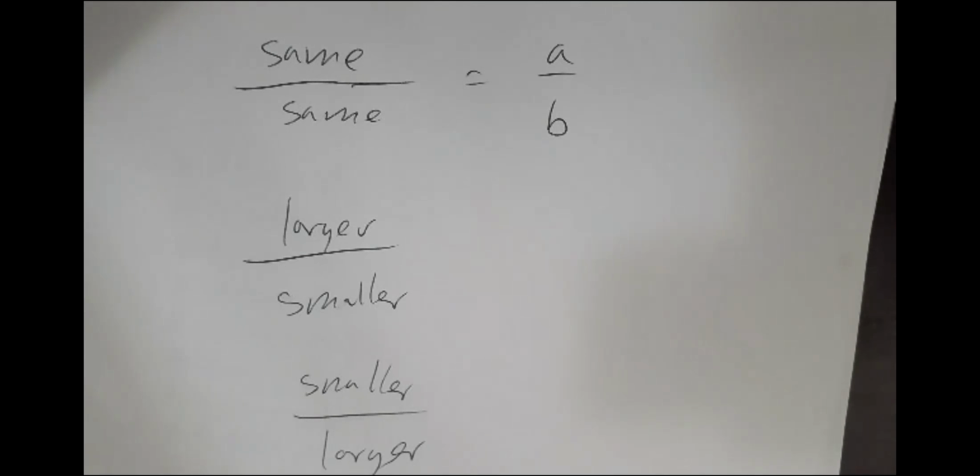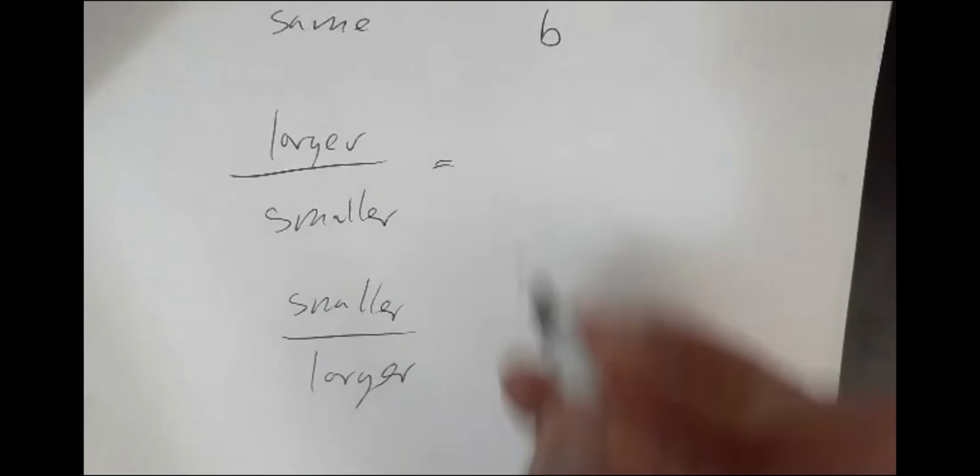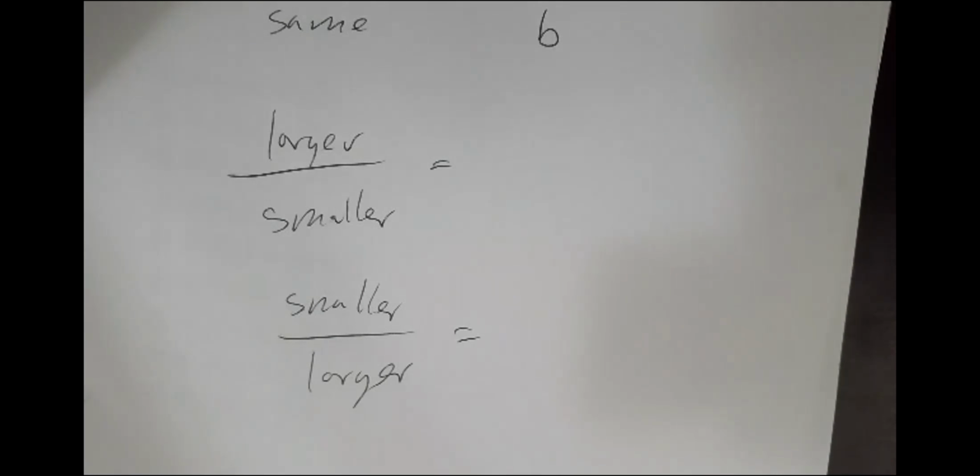If it's the same degree, the rule is A over B, the leading coefficients. That's what we're about to do in a second, so I'll talk more about it when we finish that problem. But let's look at when they're not the same. If I have a smaller degree over a larger degree, as this thing goes off to infinity, the bottom is getting larger and larger relative to the top. It's like 1 over a really large number, like 1 over a million, or 1 over a billion, or 1 over a trillion.